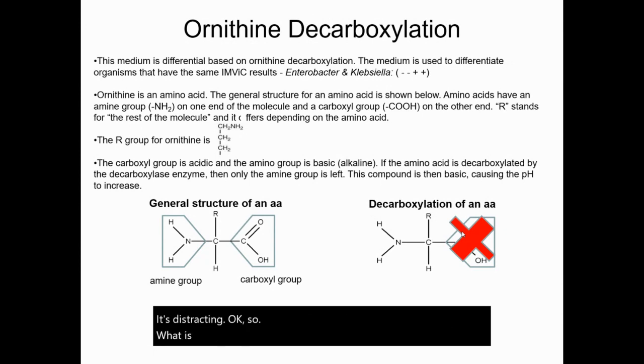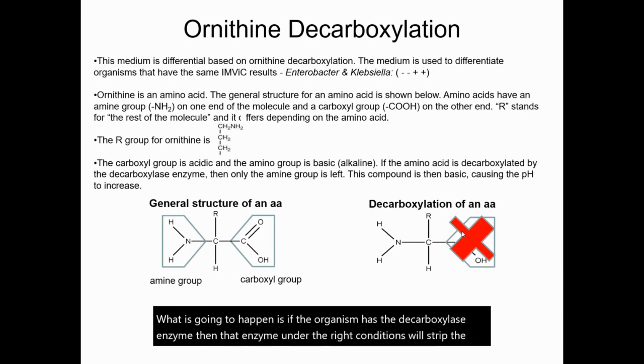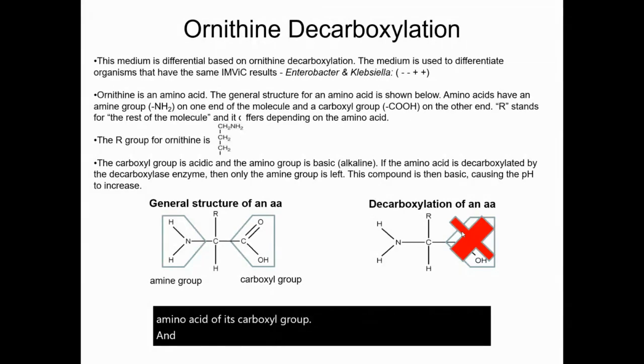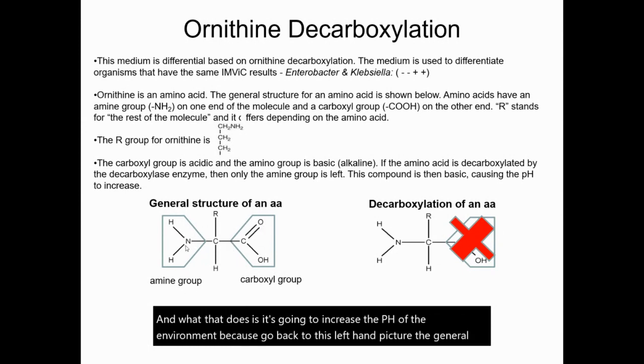what is going to happen is if the organism has the decarboxylase enzyme, then that enzyme, under the right conditions, will strip the amino acid of its carboxyl group. And what that does is it's going to increase the pH of the environment. Because go back to this left-hand picture, the general structure of an amino acid.